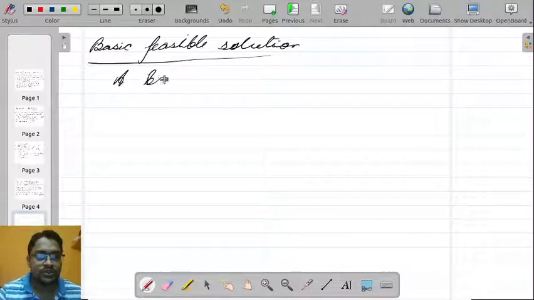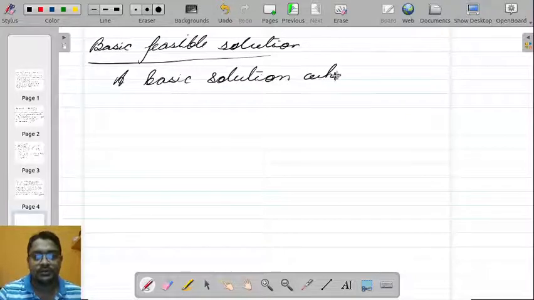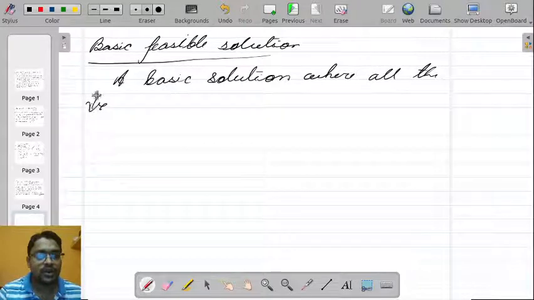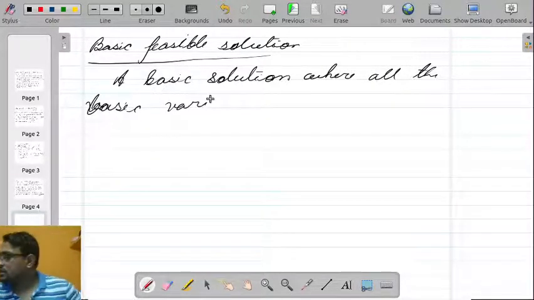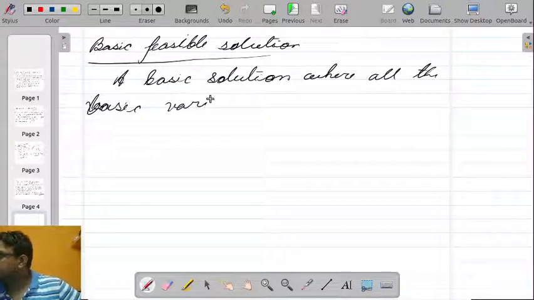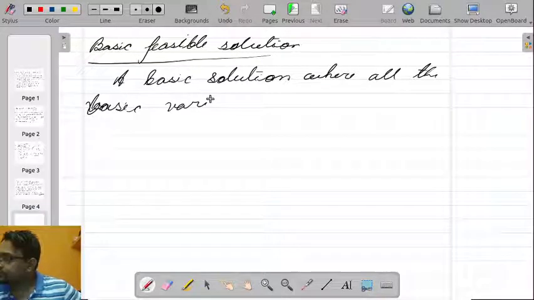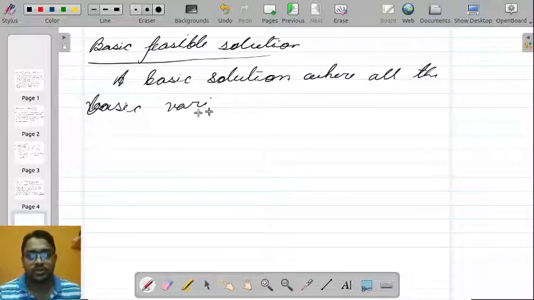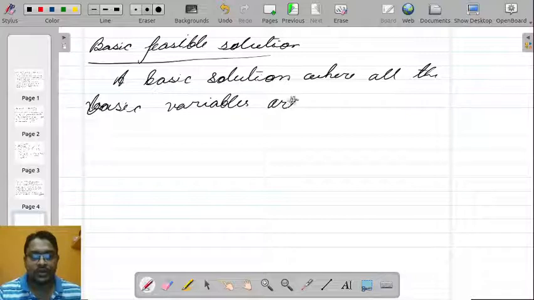A basic solution where all the basic variables are non-negative is called a basic feasible solution.